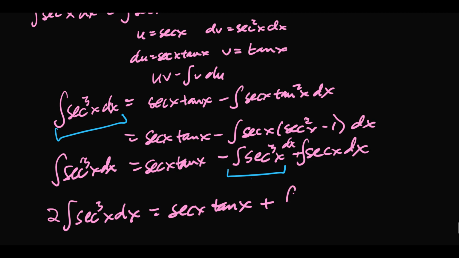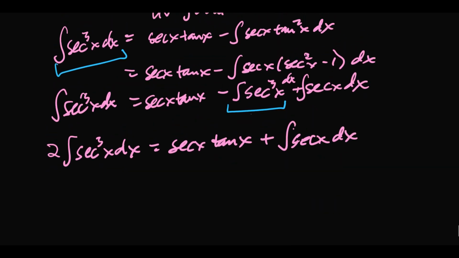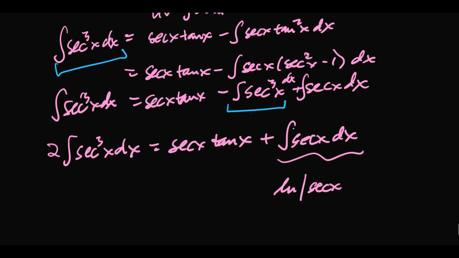So plus integral of secant x dx. Now this one here, the integral of secant x, we found before to be natural log of secant x plus tangent x. So this is plus that, and equals secant x tangent x.